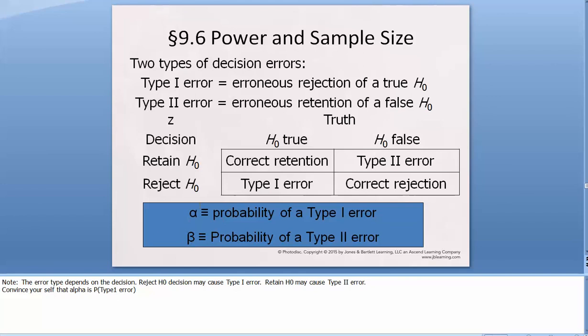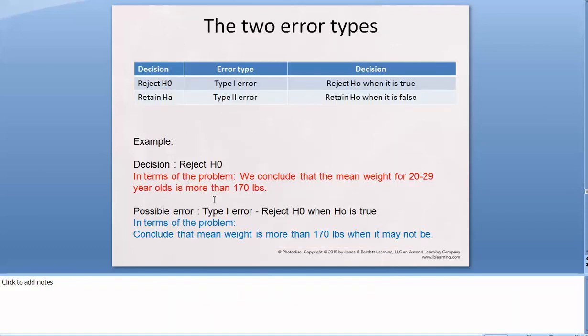So this table is important. We need to learn how to write the type 1 error and the type 2 error for different word problems. So we will practice with that. Now I'm sort of elaborating that table over here.